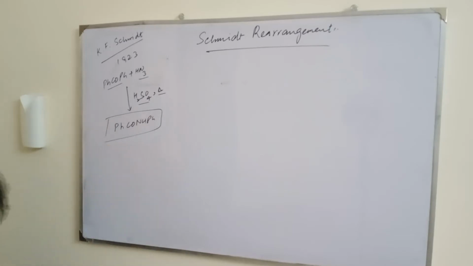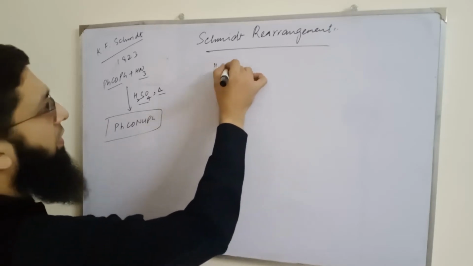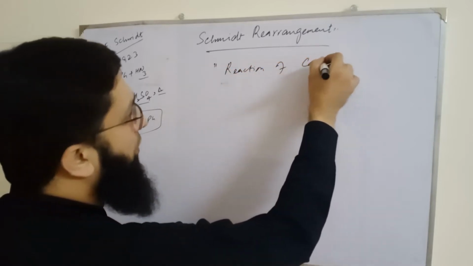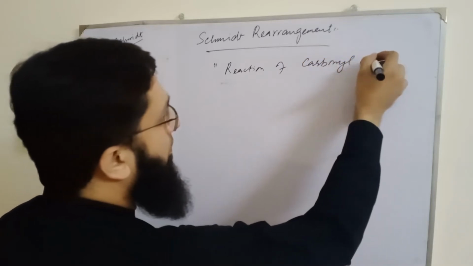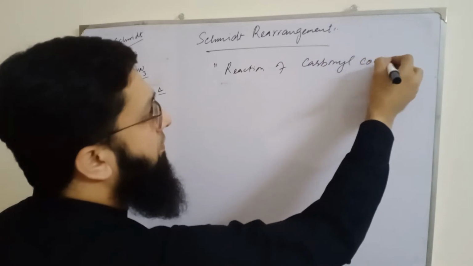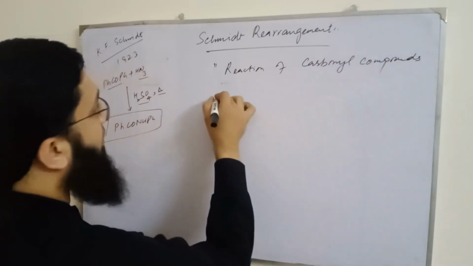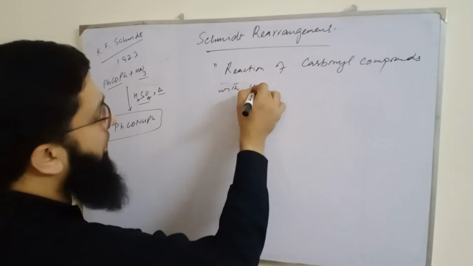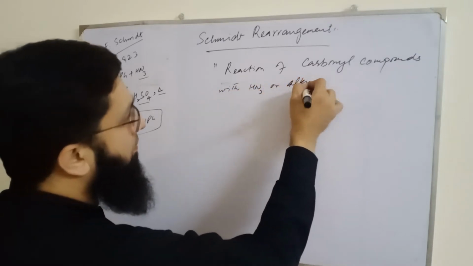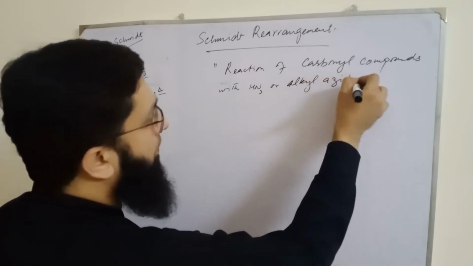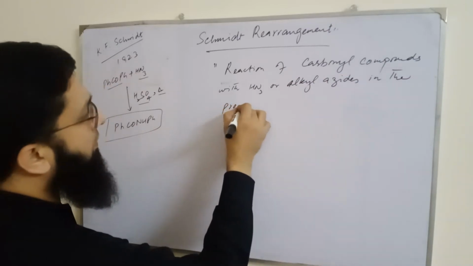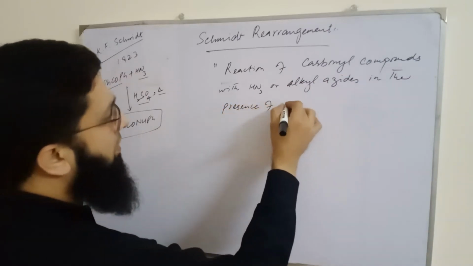So in principle, Schmidt rearrangement is the reaction of carbonyl compounds with hydrazoic acid or alkyl azides in the presence of sulfuric acid.